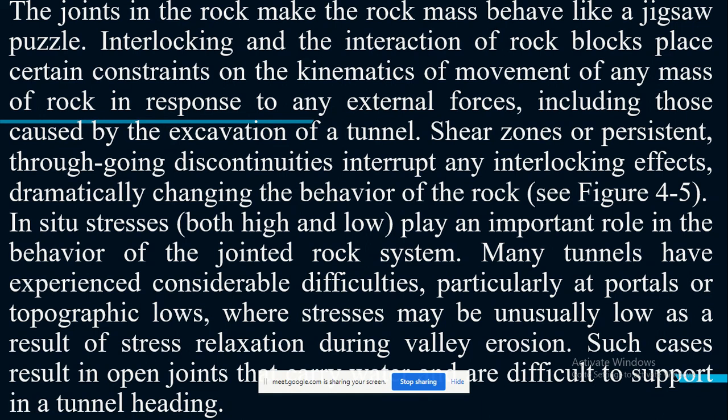Interlocking and the interaction of rock blocks place certain constraints on kinematics of movements of any mass of rock in response to external forces, including those caused by the excavation of a tunnel.